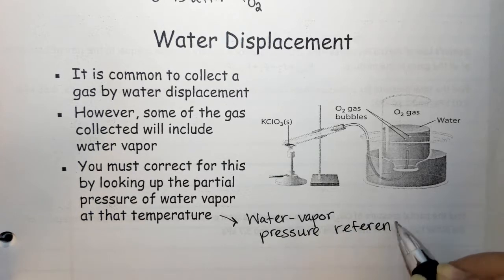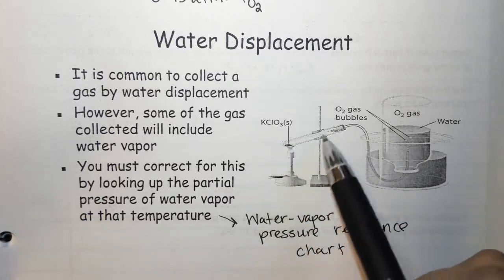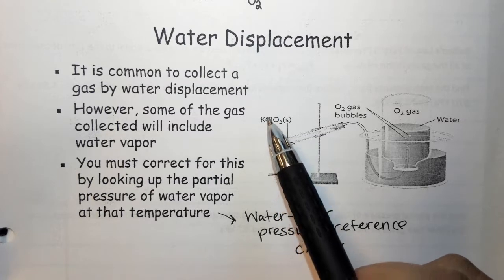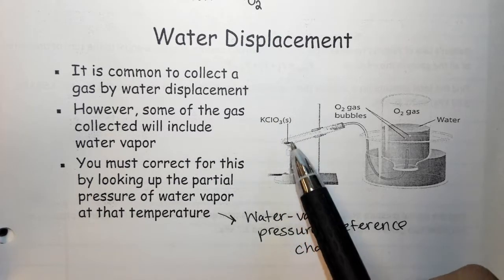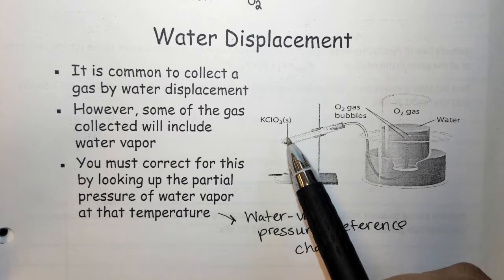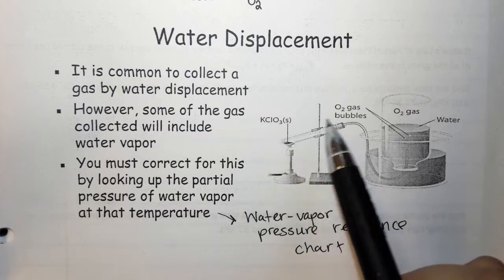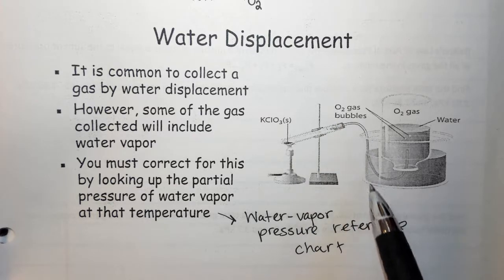But what is happening in this picture is that we have some substance being decomposed. For this picture we have potassium chlorate being decomposed or heated up with a Bunsen burner, and as it decomposes it turns into KCl and oxygen. The oxygen that's being released is being collected by a stopper and a plastic tube.